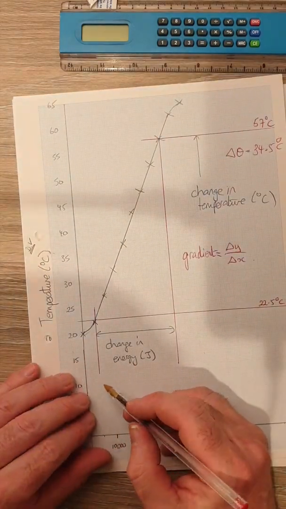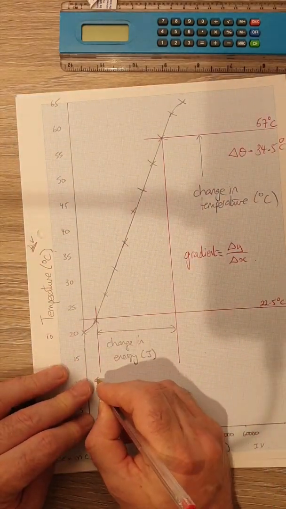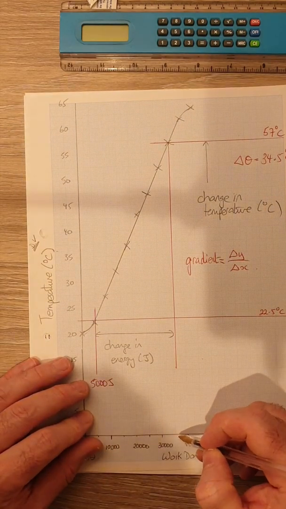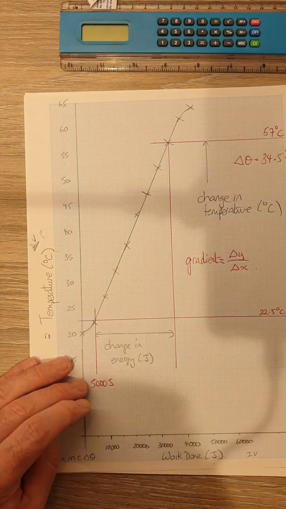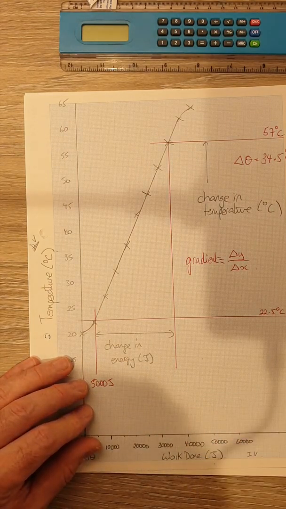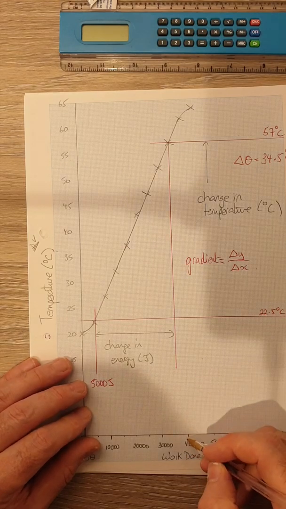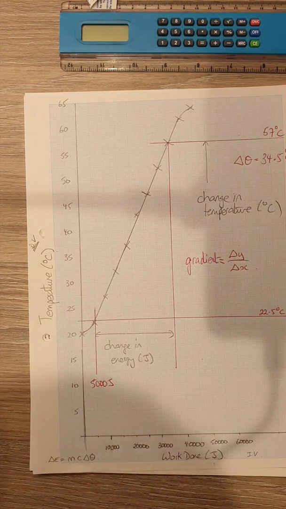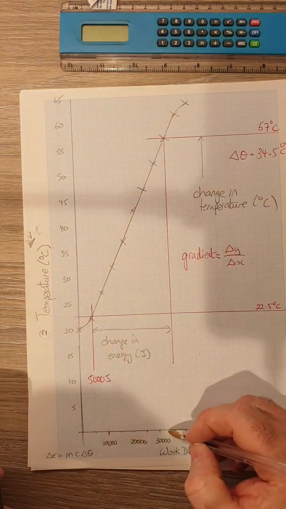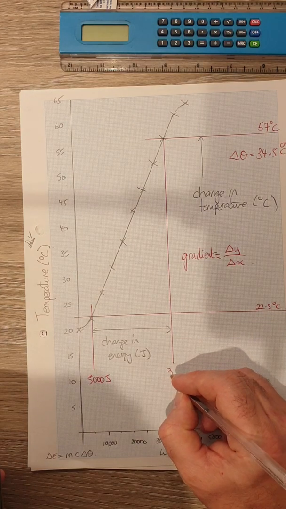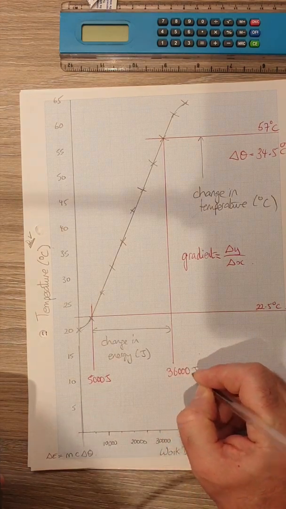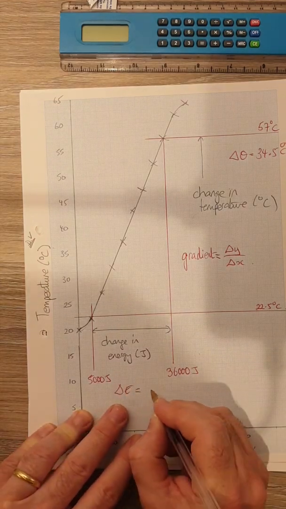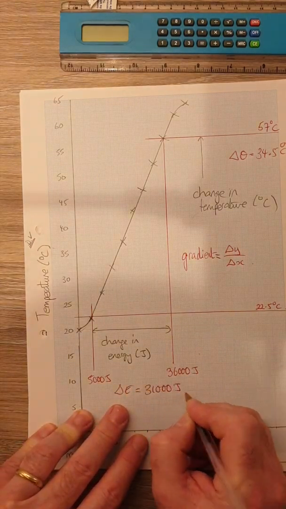And my change in energy, I'm going from 5,000 joules up to 36,000 joules. So I have the change in energy is equal to 31,000 joules.